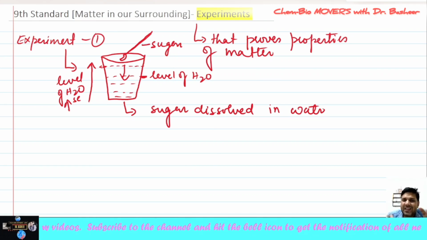But in this experiment, where the properties of matter are proved, we can write points so we are able to understand.